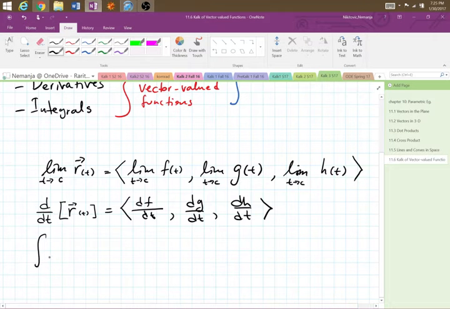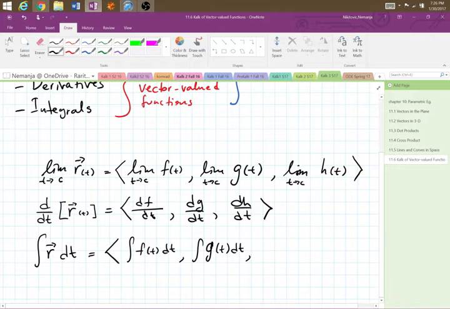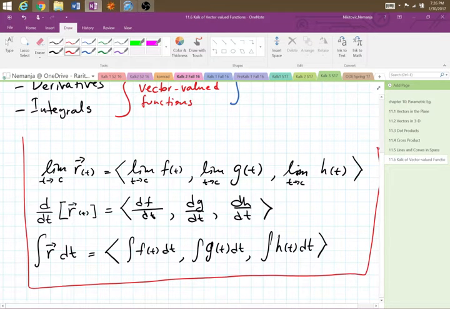And the integral of the vector-valued function dt is again a vector: the integral of f of t dt, comma, the integral of g of t dt, and the integral of h of t dt. So that's what term-wise means. You look at each one of these functions as a separate function, and then, as Nike would say, just do it.